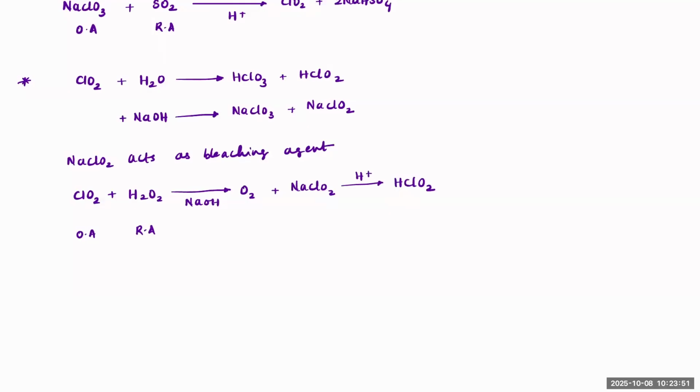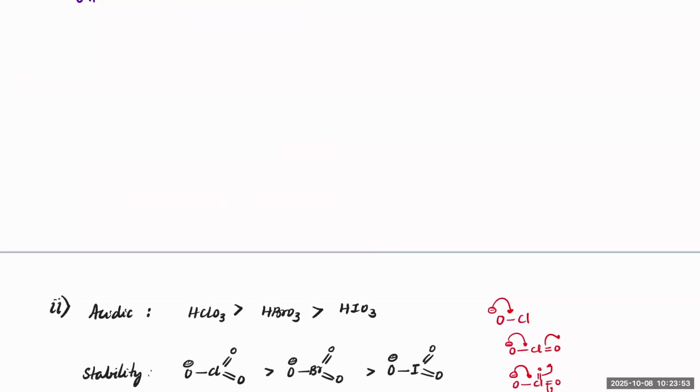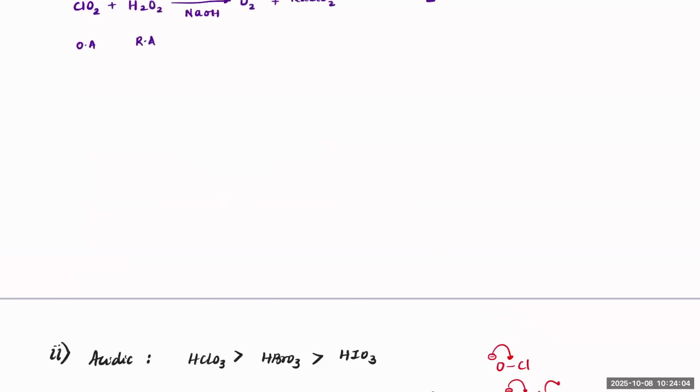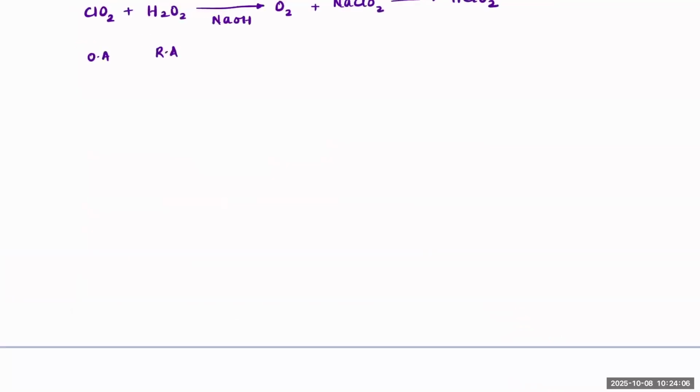Now, the other things which we need to learn from here are the bond distance and the bond angle between them. So if you notice, for example, if you have HOCl, the ClO bond length, if you compare, this is the bond length I'm trying to compare, that will be around 1.7 angstroms, correct?